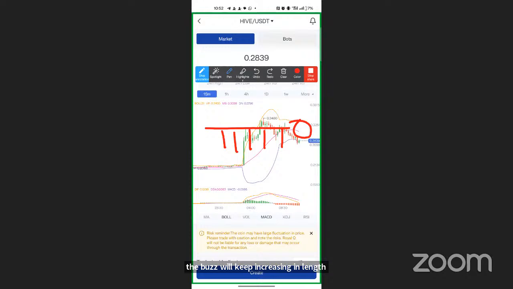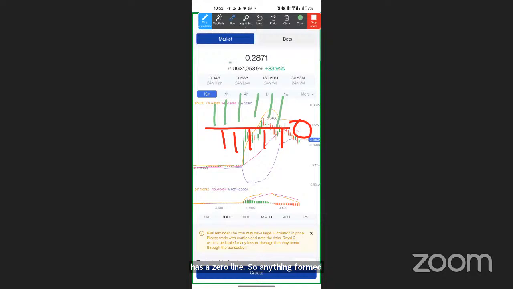If the buyers are many, the bars will keep increasing in length, as simple as that. So once they are very few, they will be small. So in short, that's what it means. But this indicator has a zero line. So anything formed above is what we call the green histograms, and anything formed below zero is what we call the red histograms.